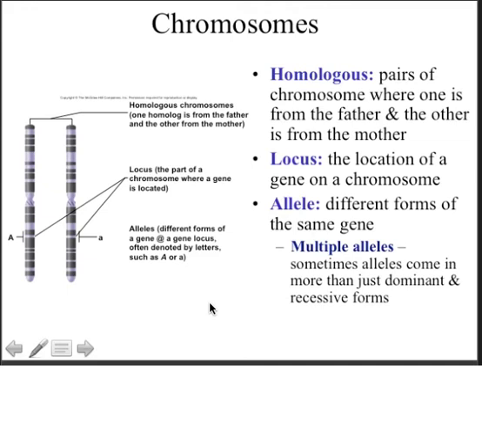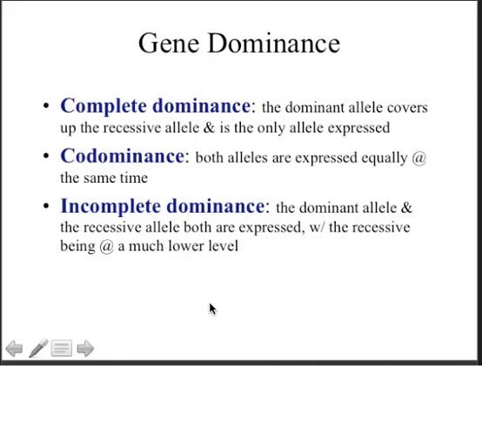Okay, an example of that would be the alleles for type A and type B blood. If an individual has one allele of each, their blood is considered AB, okay, because you can detect both gene products, the results of both gene products on the surfaces of red blood cells. Okay, so that's another type of variation on inheritance. You can have what we call codominance.